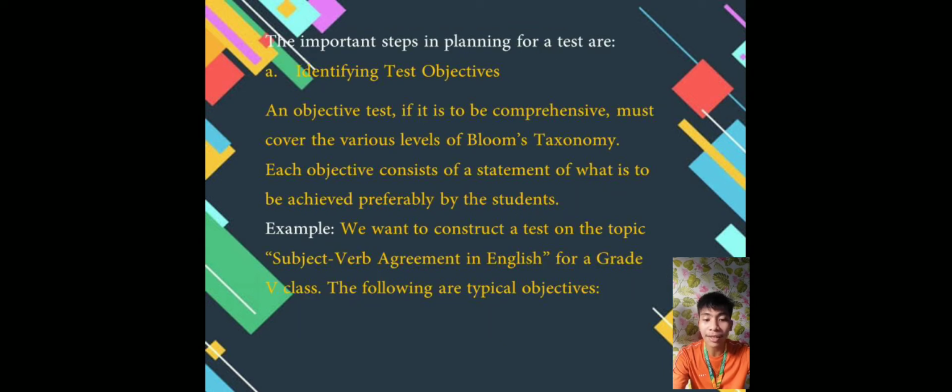So, the important steps in planning for a test are: letter A. Identify test objectives. An objective test, if it is to be comprehensive, must cover the various levels of Bloom's taxonomy. Each objective consists of a statement of what is to be achieved, preferably by the students.